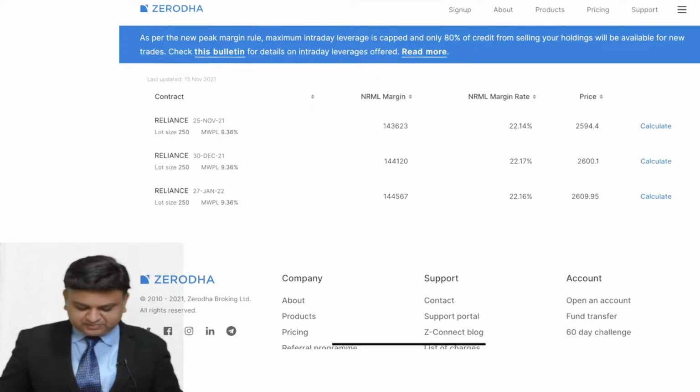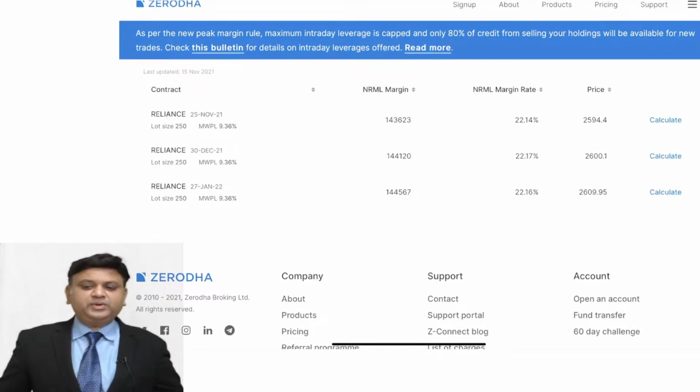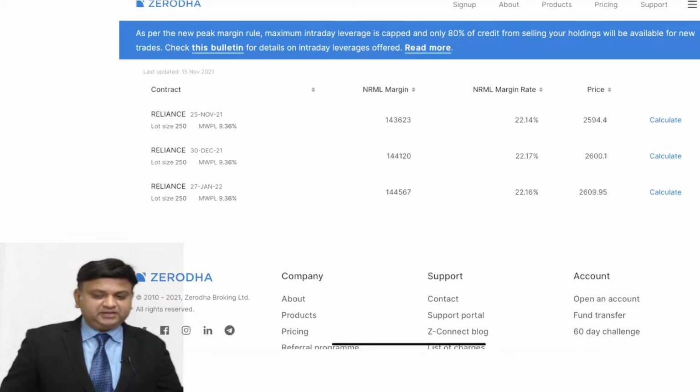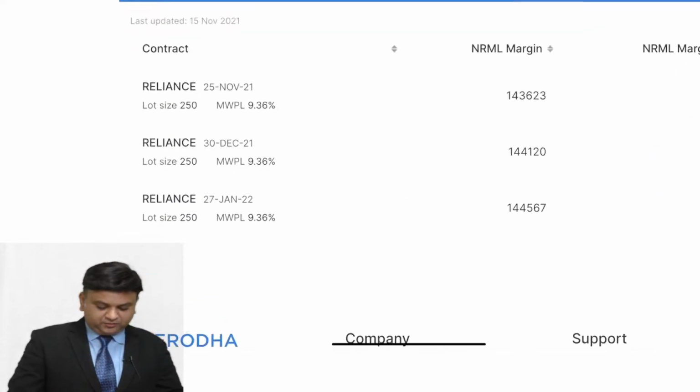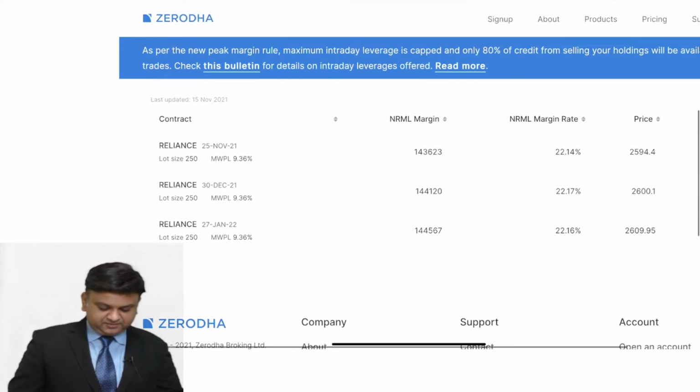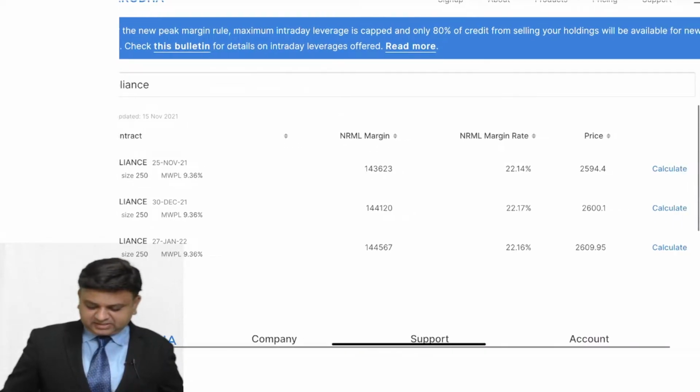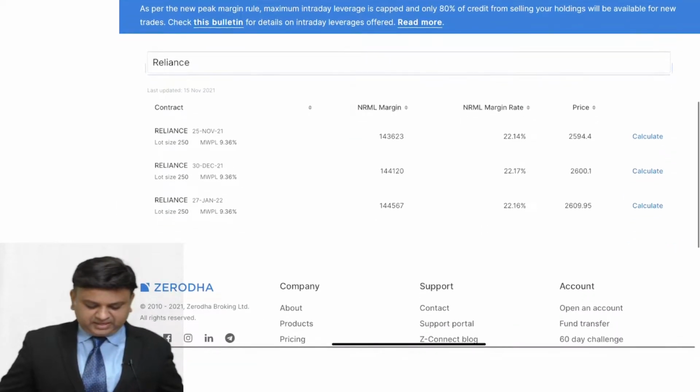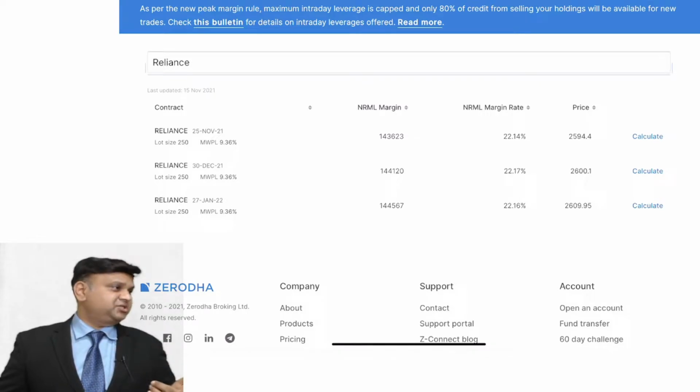So you can see that approximately the margin that you are required to pay when you enter into the transaction practically is near to 22.14%, 17%, 16% for November, December and January. And this is the way the amount of the margin that you are required to pay when you initiate the transaction.